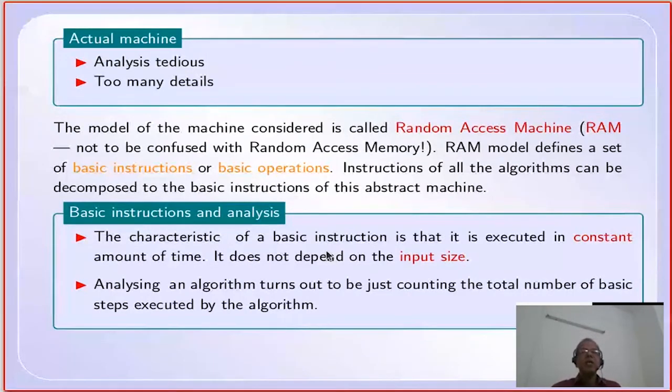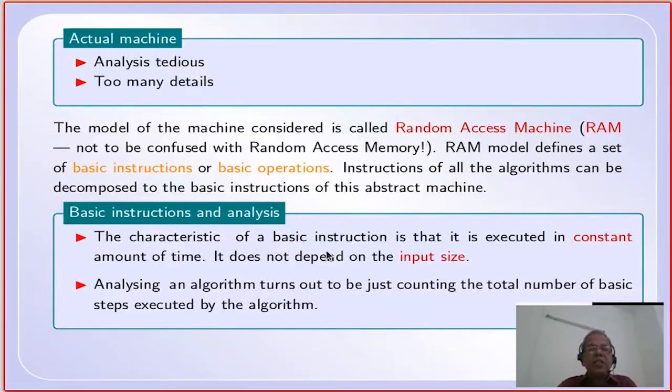The simplified machine or the abstract machine that we use for analyzing the running time of an algorithm is called random access machine, famously abbreviated RAM. Don't confuse that with random access memory. A RAM model defines a set of basic instructions or basic operations. And here, this is how we define a basic instruction in the box. The characteristic of a basic instruction is this. A basic instruction can be executed taking only constant amount of time.